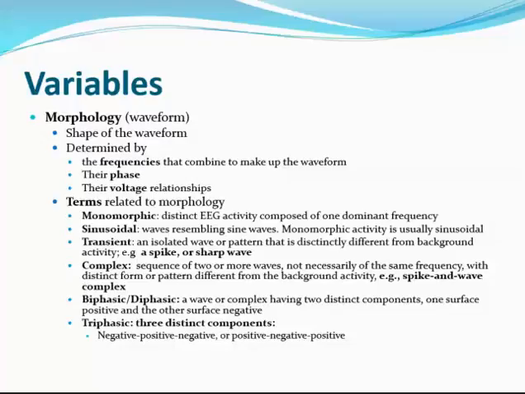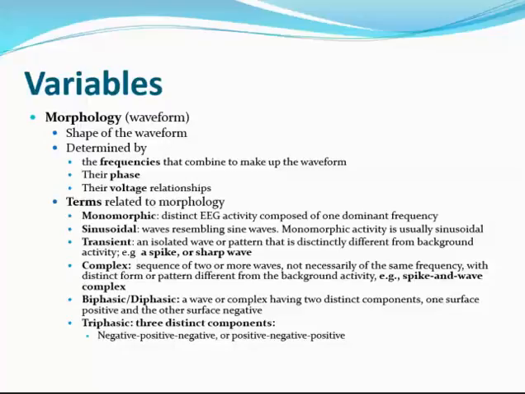Transient: an isolated wave or pattern that is distinctly different from background activity, such as a spike or sharp wave. Complex: a sequence of two or more waves, not necessarily of the same frequency, with a distinct form or pattern different from the background activity, such as a spike-wave complex.